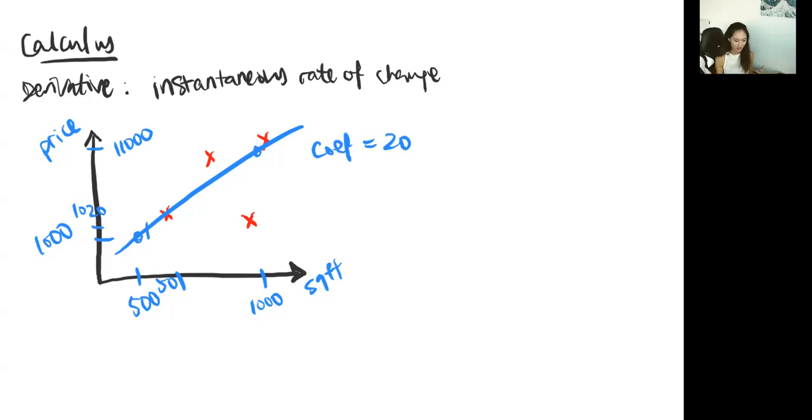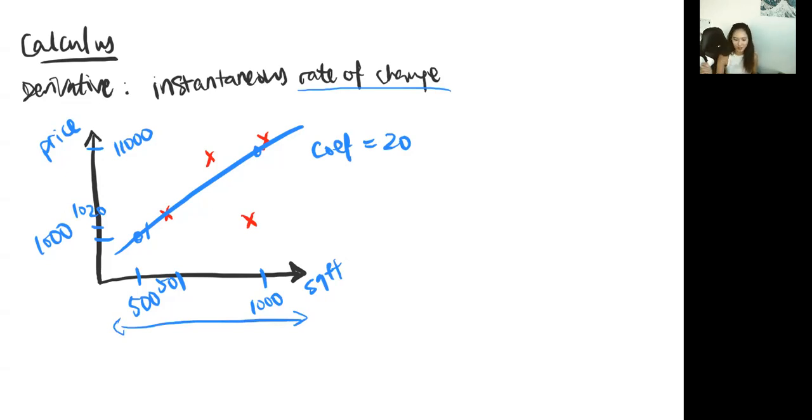Since this line is a straight line, the rate of change of price with respect to square feet is $20 per unit of square feet. And in this case, the rate of change was also constant, right? Throughout our entire range of square footage, the relationship between square foot and price that we got out of our model is a constant rate of change.